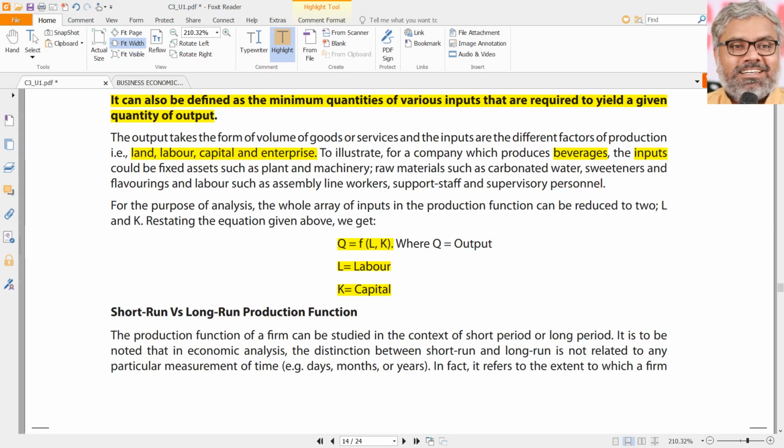Sir, why do you want to use K, I will use C. No problem, doesn't matter. Nobody worries about what is L, K, Q. What matters is the relationship, and what is dependent variable and what is independent variable, that we should be observing. So what is the dependent variable in this case also? Naturally Q, that is output. And what are the independent variables? Labor and capital, which are going to influence the dependent variable of output.